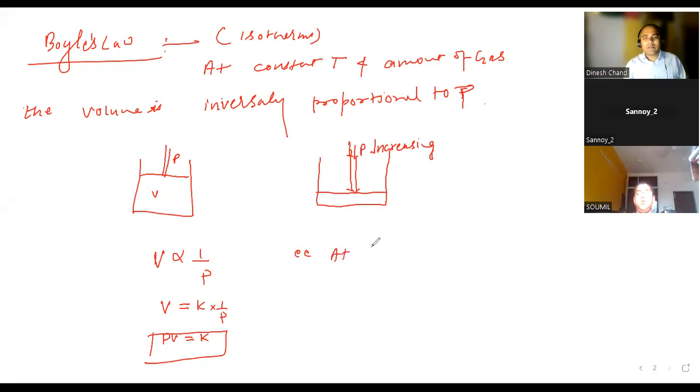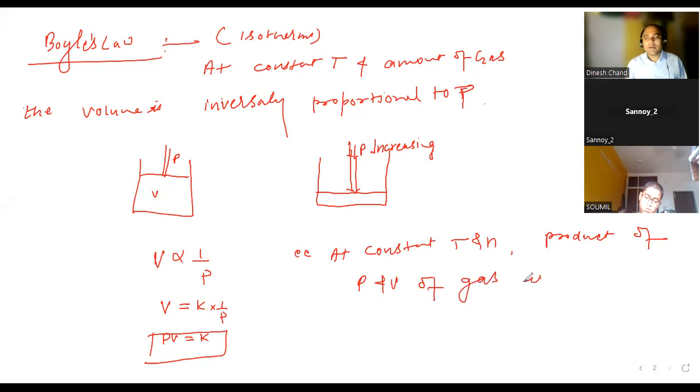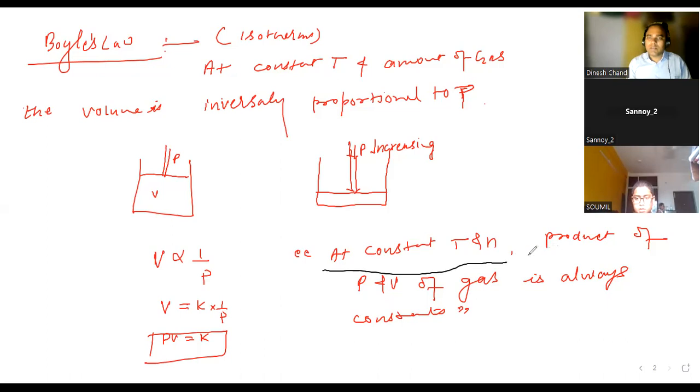At constant T and n, constant temperature and number of moles, the product of pressure and volume of gas is always constant. Can you understand this line? If you don't, at constant temperature and number of moles, the product of pressure and volume of gas is always constant.